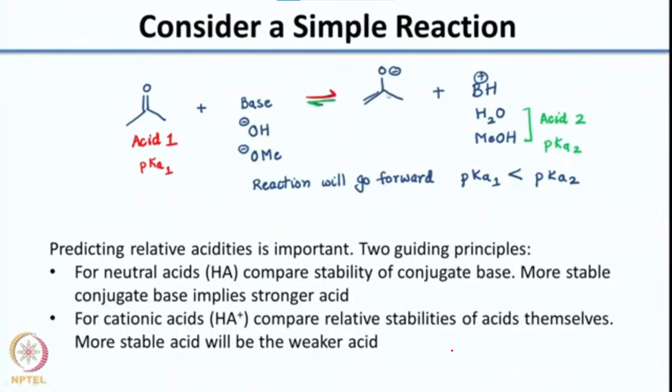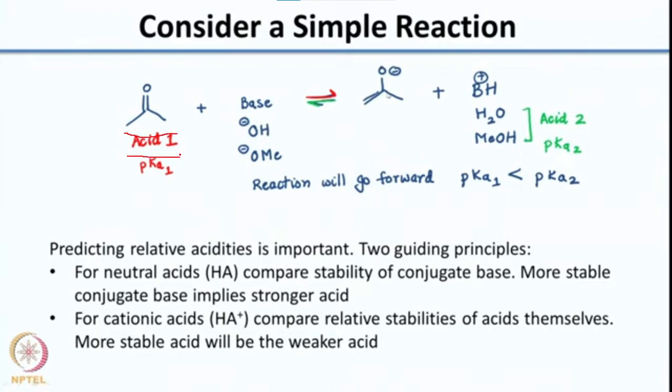Okay. Now this is a simple reaction we can use for pKa value comparison. Now we have here, sorry, acetone, right? This is our acetone which is undergoing reaction with a base to give the particular enolate ion. Now if we talk about the acidity of this acetone, we label it as acid 1.